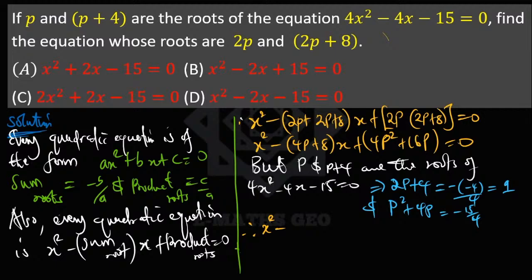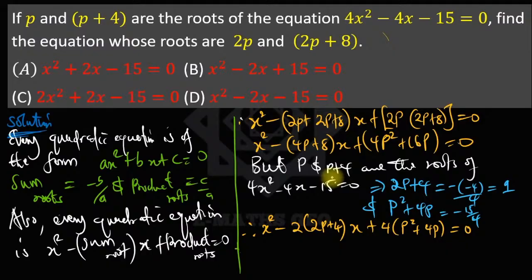Therefore, x squared minus. So we need to write 4p plus 8 so that we'll have something like 2p plus 4. So we'll factor 2, and we'll have 2 times 2p plus 4, x, plus, looking at this, if we factor 4, we have 4 times p squared plus 4p, equal to 0.